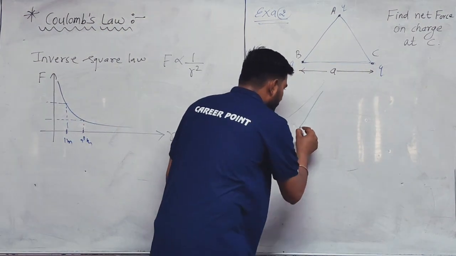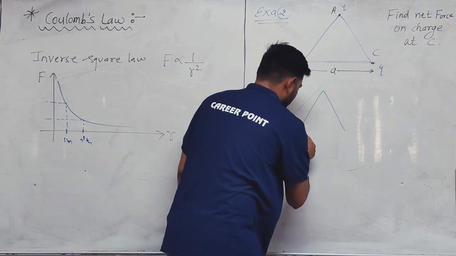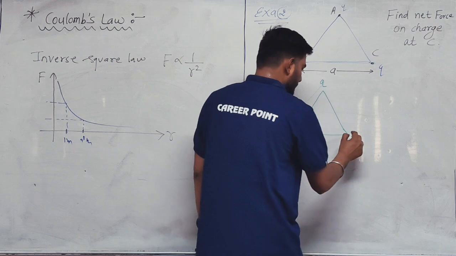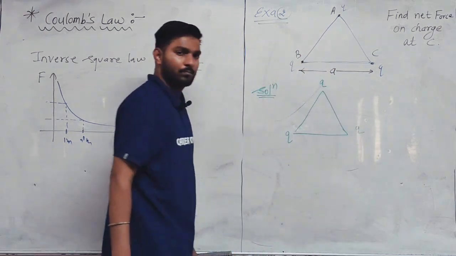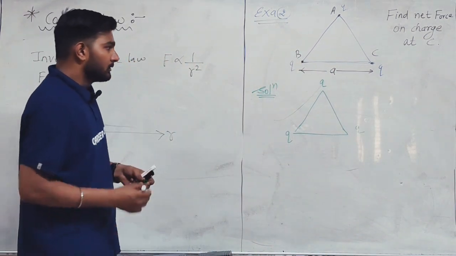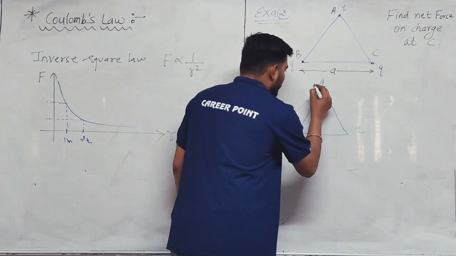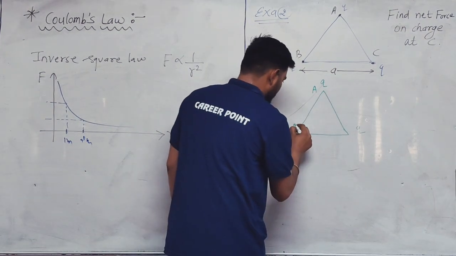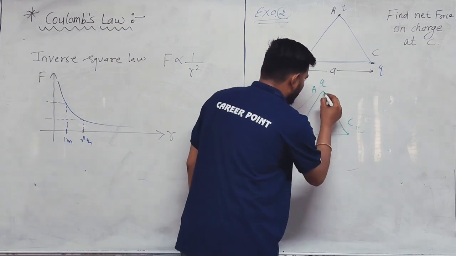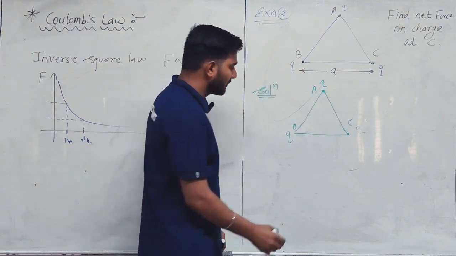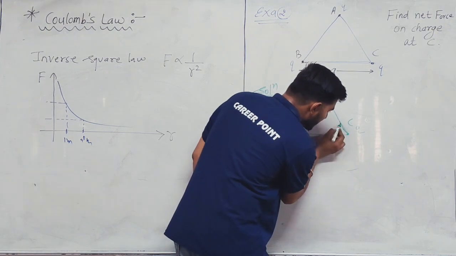So I'm again redrawing this triangle. This is my Q, this is also Q, and this is my C, which is also Q. So ABC. The force due to the charge at A on C will be along the line joining the two charges and away from this charge.